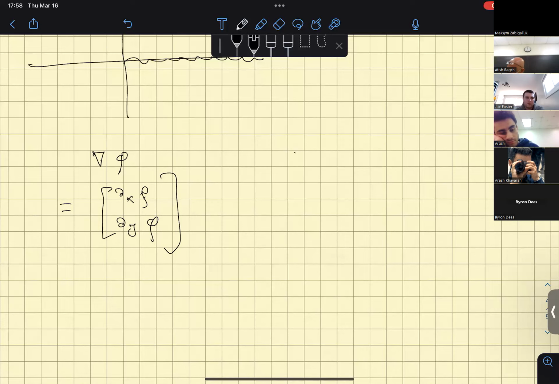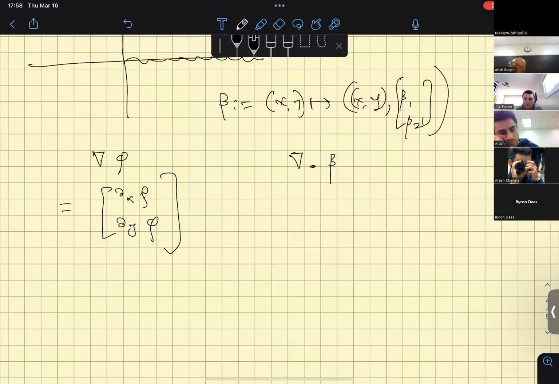So what is del dot phi? No, sorry, not phi, but some vector field. So the divergence of some vector field beta, and beta, let's say, is xy going to beta 1, beta 2, or beta x, beta y, from R2 to R2 cross R2.